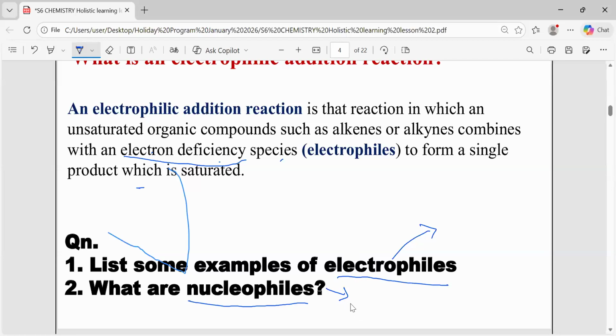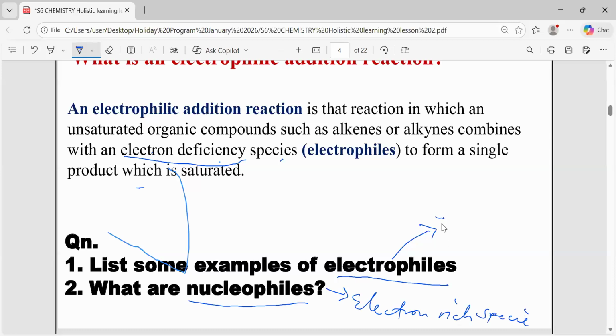Hi, your network is not clear. If you can change your location or speak again. Someone is saying electron rich species. Okay, good, electron rich species. Then we have seen electrophile is electron deficient.